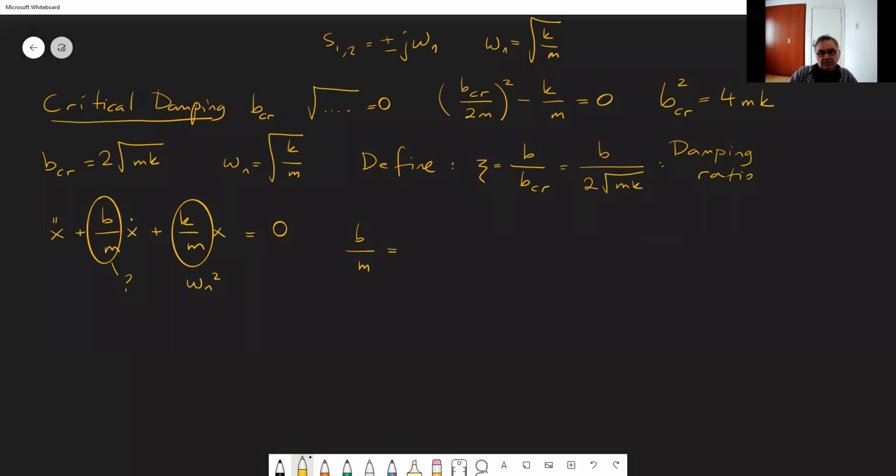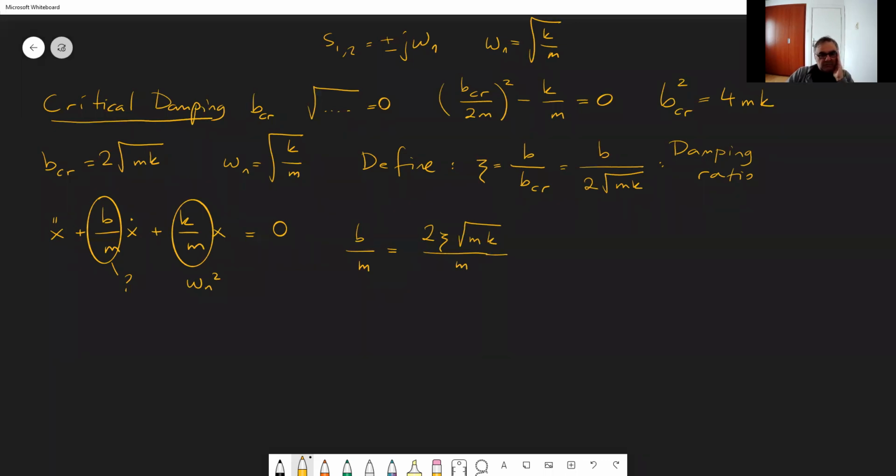Now b, I'll try to write it in terms of zeta. From here, b is equal to zeta times 2 root mk. Rather, 2 zeta times root mk divided by m.